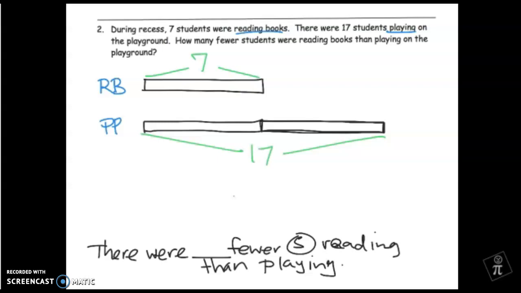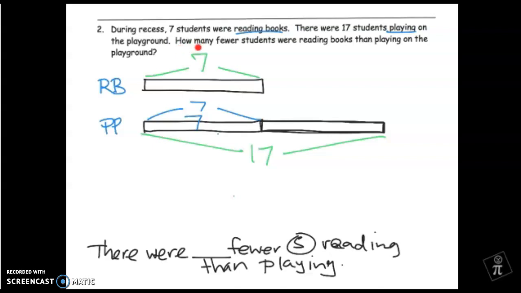Because remember we originally drew them at the exact same length, this piece right here is also 7. I don't know why I drew the 7 twice. You guys can deal with it. So this is 7, and this is 7, and this whole thing is 17.